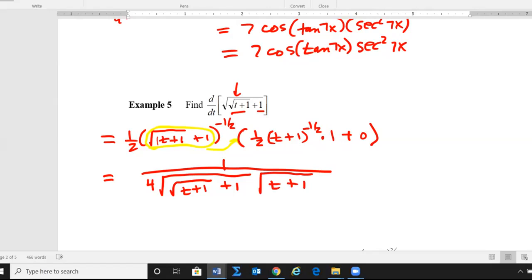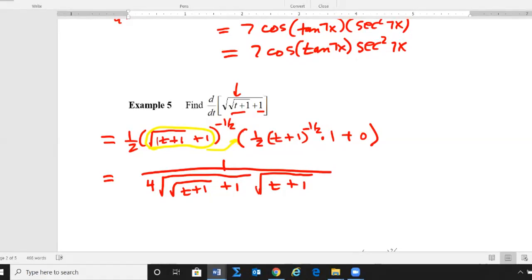Now, if you're feeling adventurous, you could continue a little bit further with this and write it under 1 radical, but you'd probably be safe just leaving it like this. It looks a little weird, but you could get these as 1 radical.